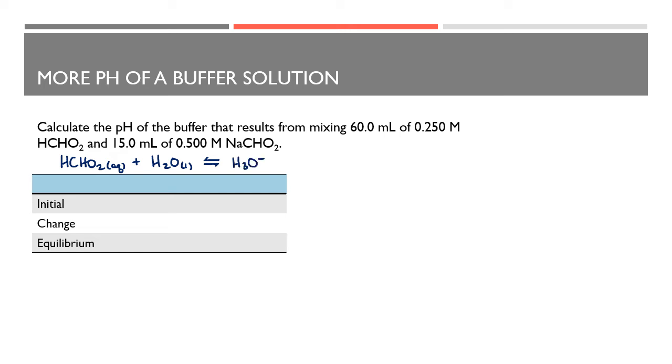I'm going to write out the acid equilibrium here. So that acid combined with water gives us hydronium, and then the CHO2 anion. The equilibrium constant expression for this reaction is the concentration of the hydronium times the concentration of the CHO2 negative over the concentration of the HCHO2.